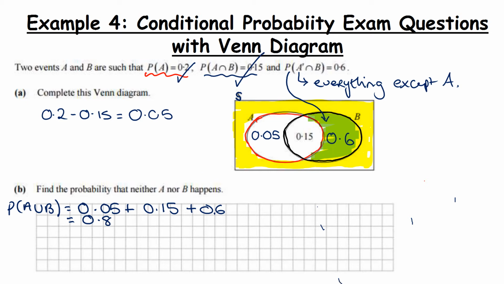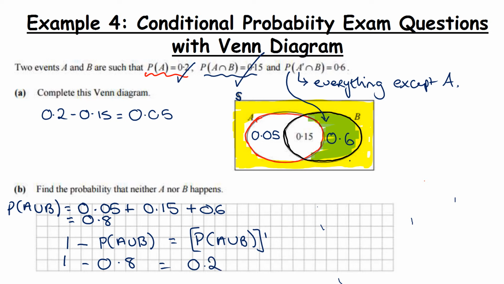To find out the probability of A or B not happening, that's just 1 minus the probability of A union B. So it's A union B complement. So it's going to be 1 minus 0.8 equals 0.2. So 0.2 appears out here in our Venn diagram.